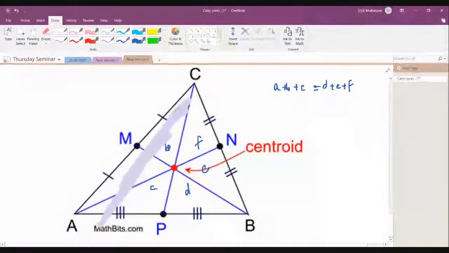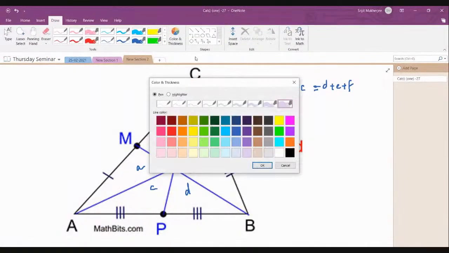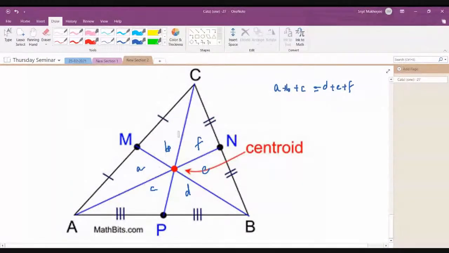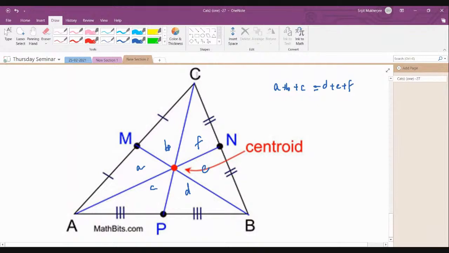This part is actually equal to this part. And similarly, A plus B plus F is equal to C plus D plus E.